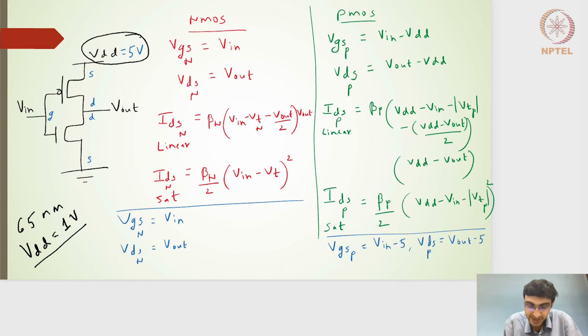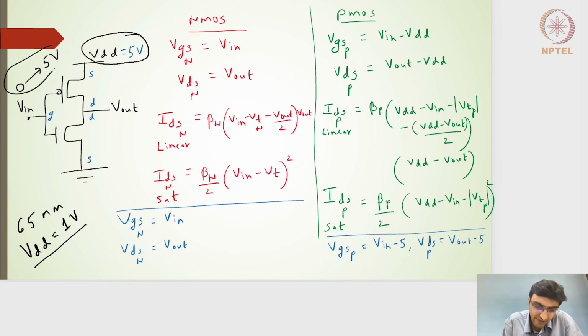So my input voltage can range from 0 to 5 volts, not beyond that and not less than 0 volts. It cannot go beyond 5 volts, and it cannot go less than 0 volts.